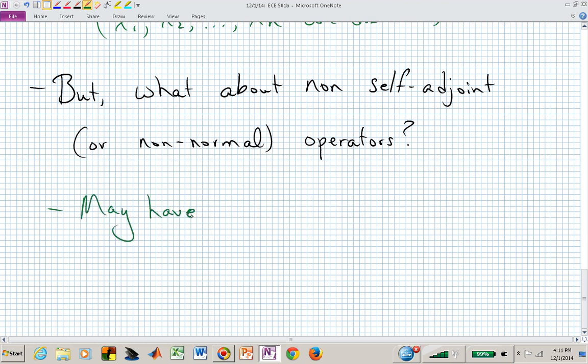If we now have an operator that's not self-adjoint or not normal, we may have an insufficient number of eigenvectors.